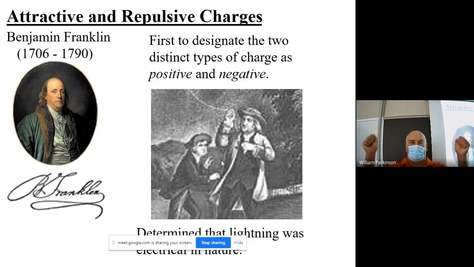If I have two charges, charge B is either going to be pulled towards charge A, or charge B is going to be pushed away from charge A. So it's either going to be pulled or pushed depending on the signs of the charge.